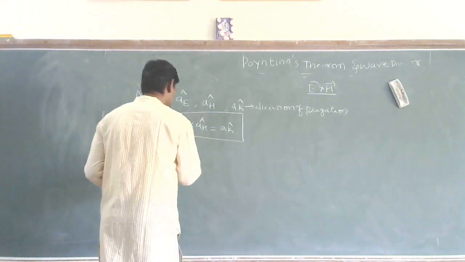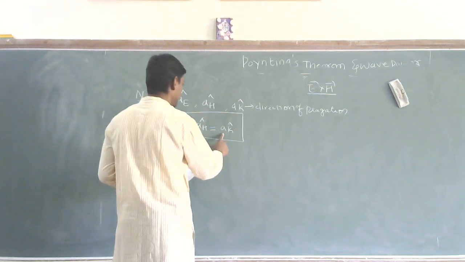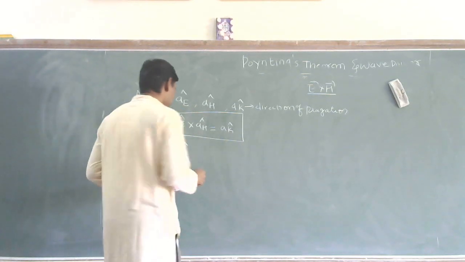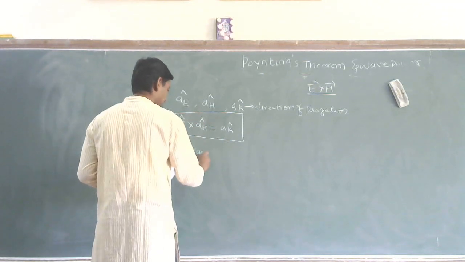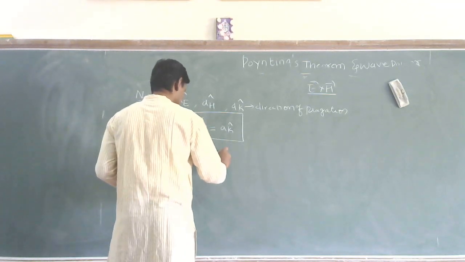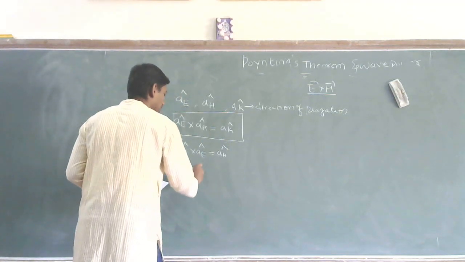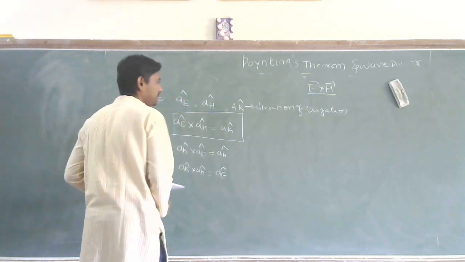The other relations are also useful: if you know the direction of propagation and the direction of the electric field, you can find the direction of the magnetic field. That is, aH = aK cross aE, and aE = aH cross aK.